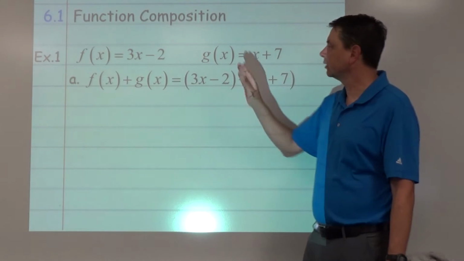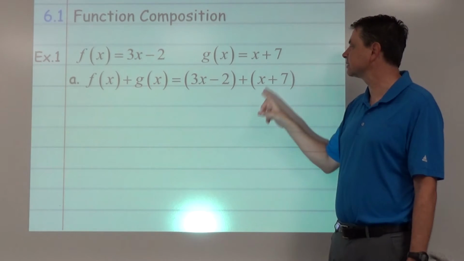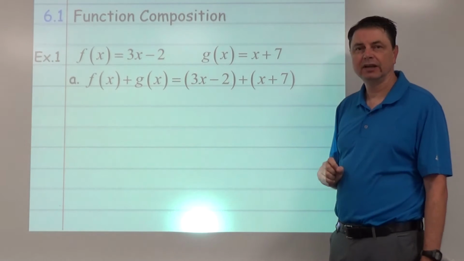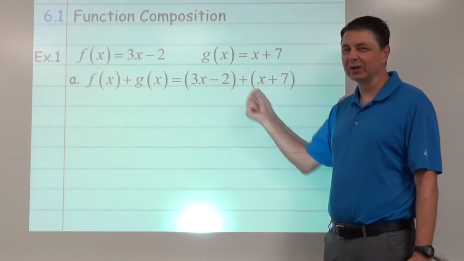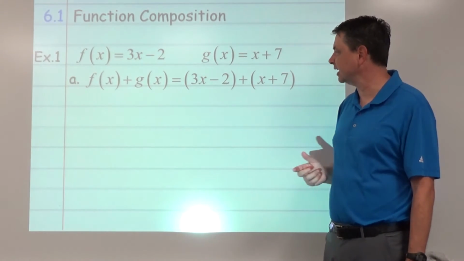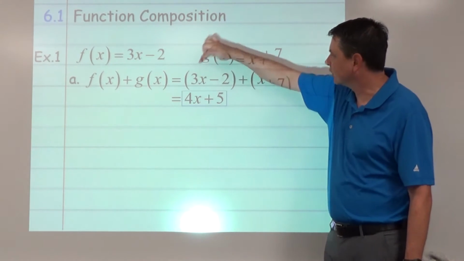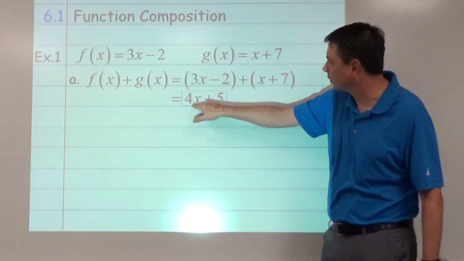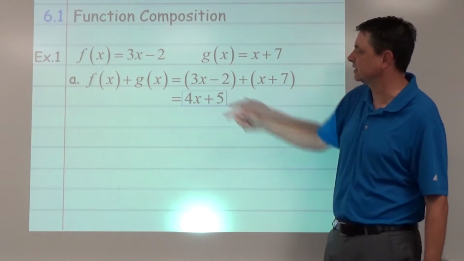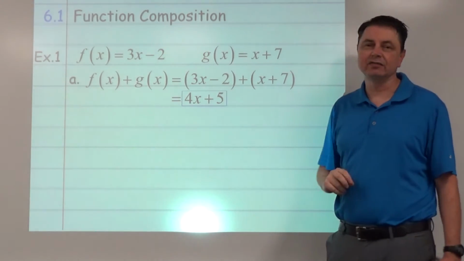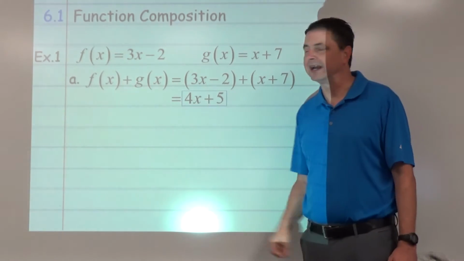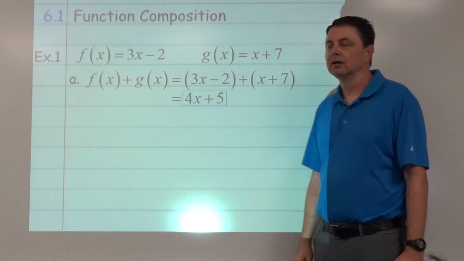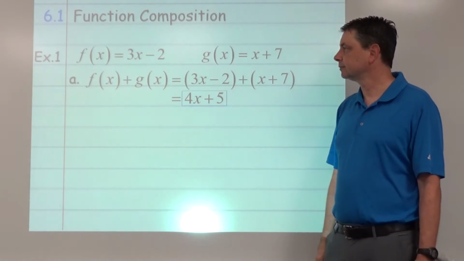So that would be 3x minus 2 plus x minus 7. We've seen this before where you don't really need the parentheses in this case. So if we just 3x plus x is 4x, negative 2 plus 7 is positive 5. We get our answer of 4x plus 5. We can just combine like terms.